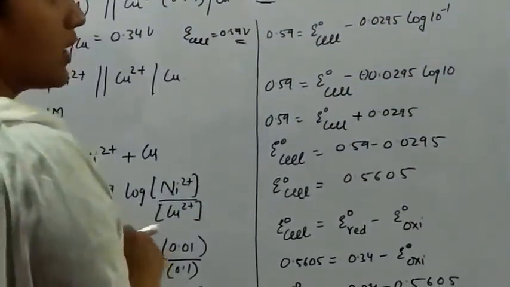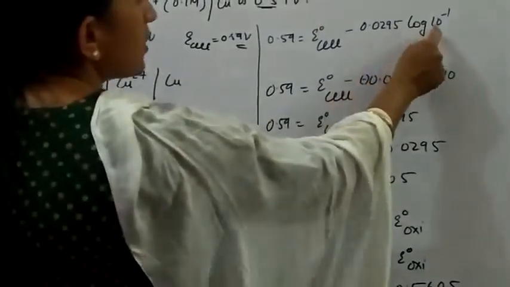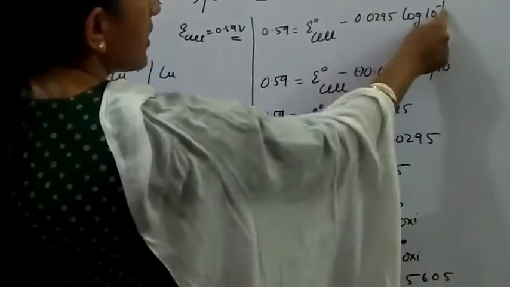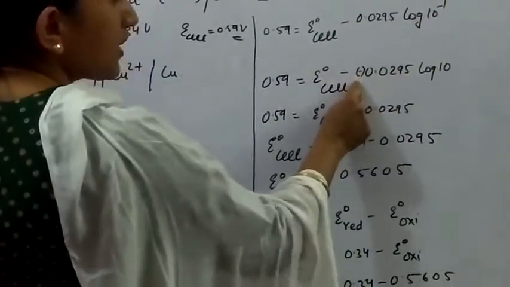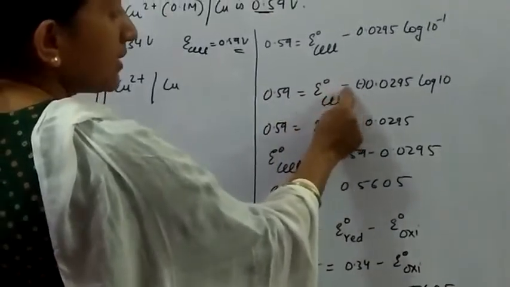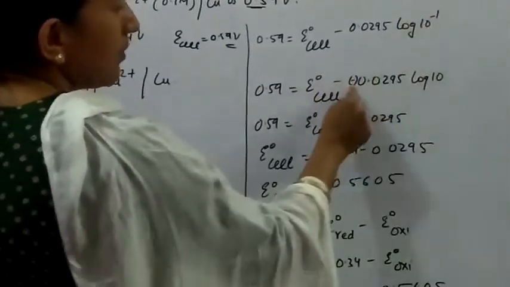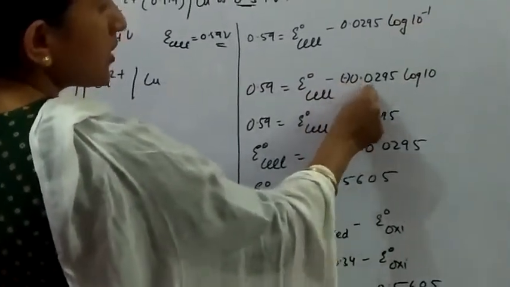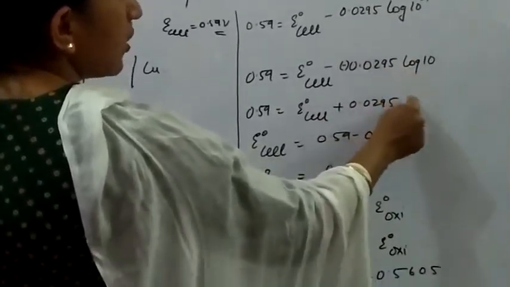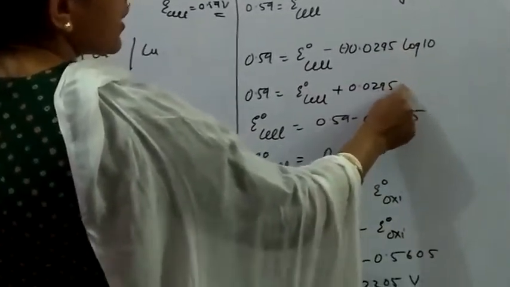And you know that in a logarithm, the power of 10 comes in front. So it is minus 1 which is coming here. So 0.59 equals E naught cell minus, minus 1, 0.0295 log 10. What is the value of log 10? It is 1.